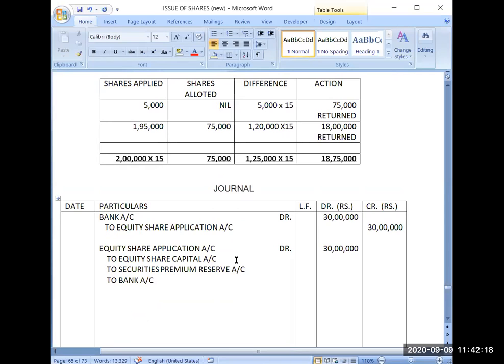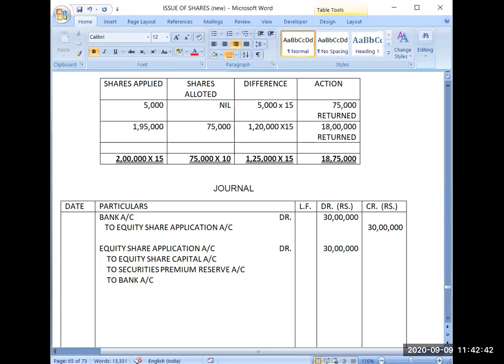Fine. So now see, at the time of application, you have multiplied total applications with the money received. Now when you want to decide the capital amount, that will be decided from the number of shares allotted. So multiplied by 10, face value is 10 rupees, not 15.